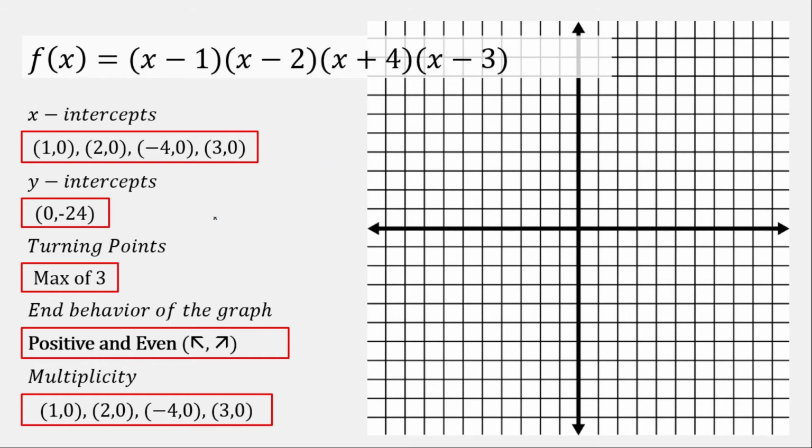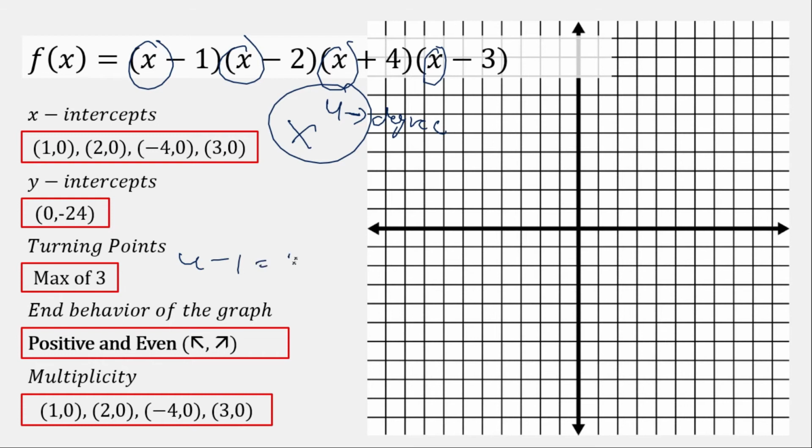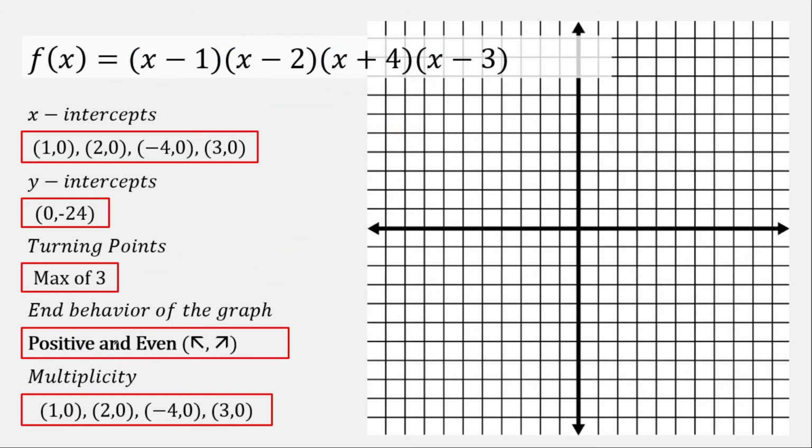Let me first discuss why the maximum number of turning points is 3. As you can see, if you multiply x, x, x, and x, you get x raised to 4. Since this is x raised to 4, the degree of this polynomial is 4. So 4 minus 1 is equal to 3, the maximum number of turning points. The same goes with end behavior.